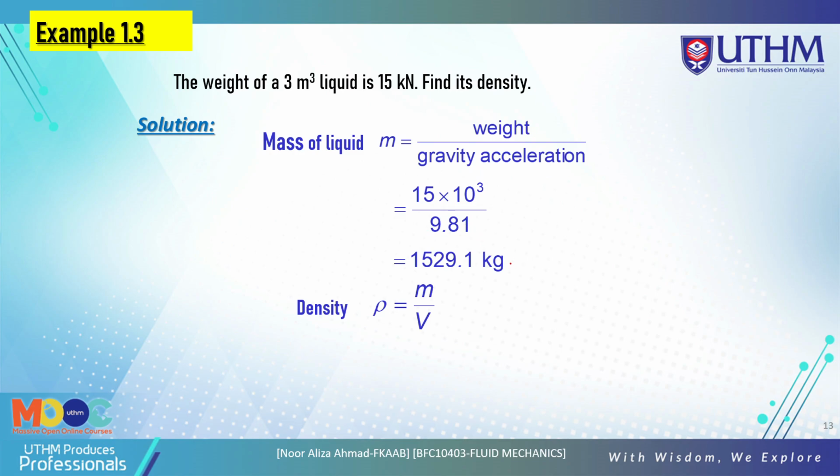So we get the mass of liquid here. Then the density is equal to mass divided by the volume. The mass is in kg, so just put the value here and divide by the volume. So we get the density here. Okay, so this is the part of calculation in topic 1, step by step.